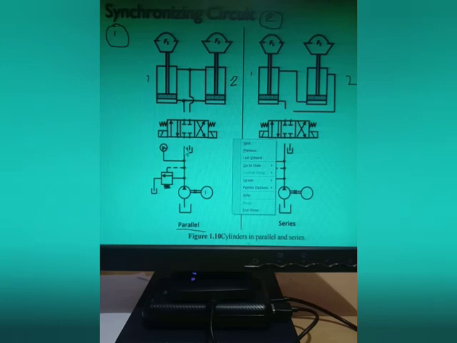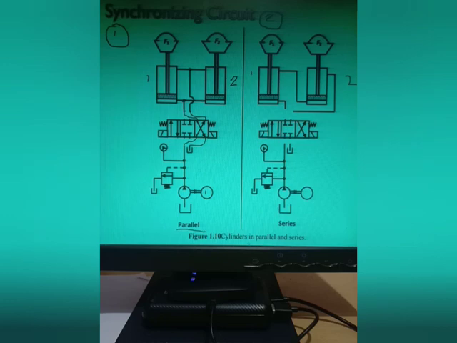The P end of the pump, or we can say the pump, will be connected to the B end of the actuator, and the A end of the actuator will be connected to the reservoir. So here it will come to the reservoir. This will be connected to the A end, and the B end will be connected to this end.